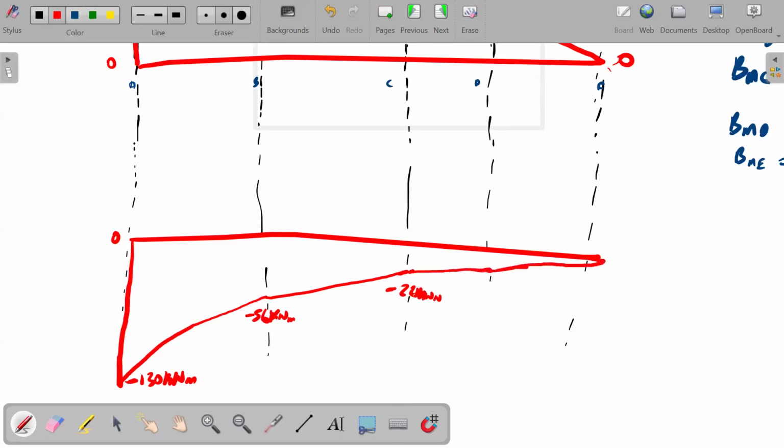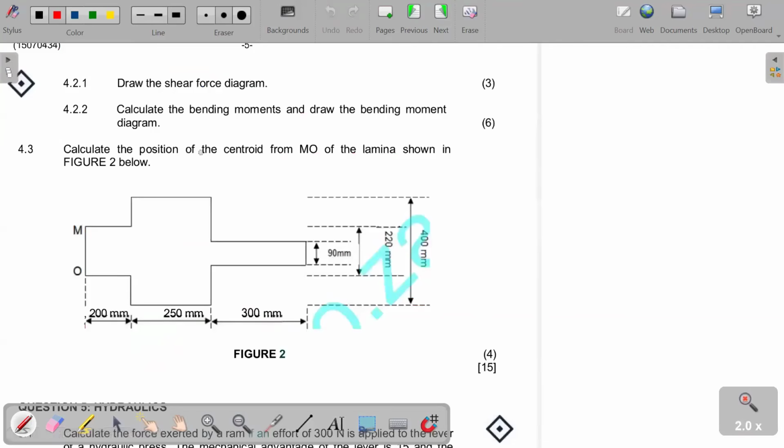By slightly having my diagram a little bit, we are having negative 18.5 kilonewton meters at this point until we are at the point 0 here. So this is how it is supposed to come out. Okay, so this is our diagram. So that was marking 4.2.2, calculate the bending moment and bending moment diagram. Then moving on to 4.3.